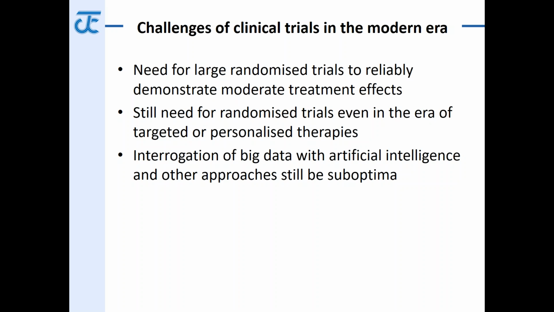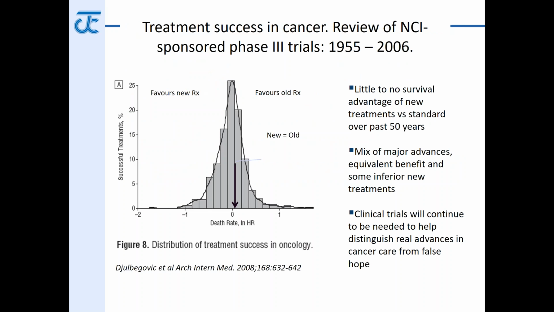There's a suggestion that if we've got better targeted therapies and better use of information from genomics and other things, we can possibly get away without randomized studies. And in the future, if we are using big data with artificial intelligence and other things, this may be seen as an approach to avoid randomization, but I would contend that that will still be seen as suboptimal.